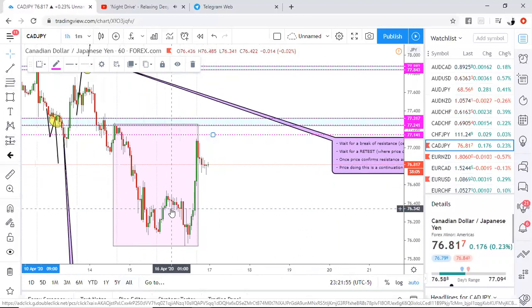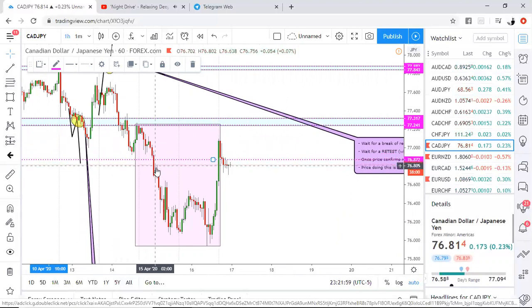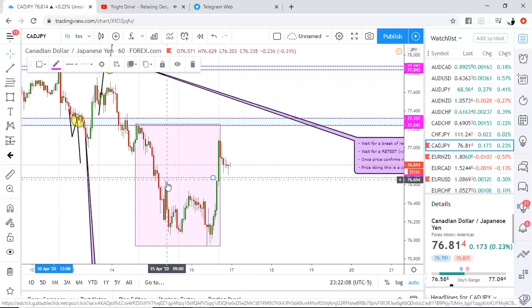So as price continues down, move it to the top, and as it moves down again and makes a new ceiling, you move it to above that ceiling as well.